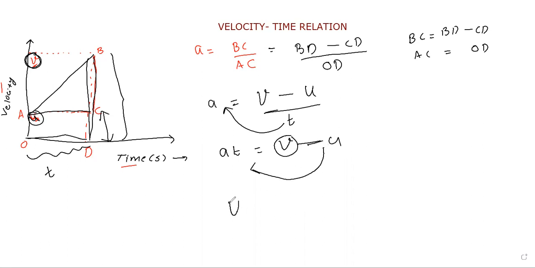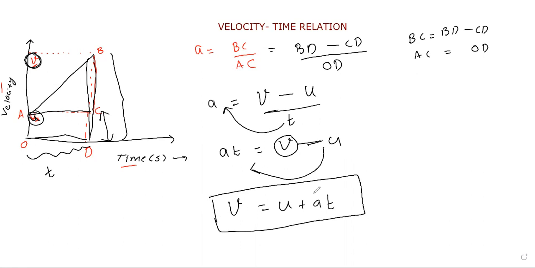So v equals u plus at. And this equation is called the velocity-time relation, or the first equation of motion.